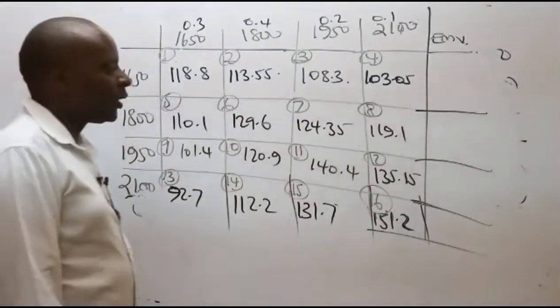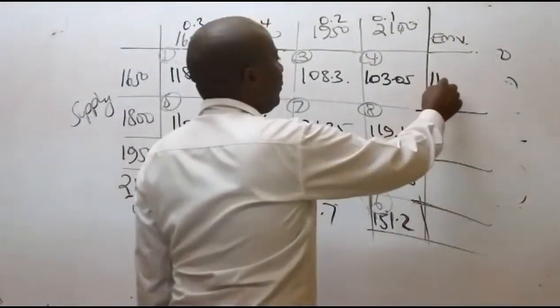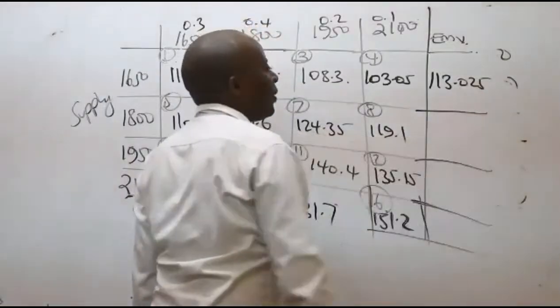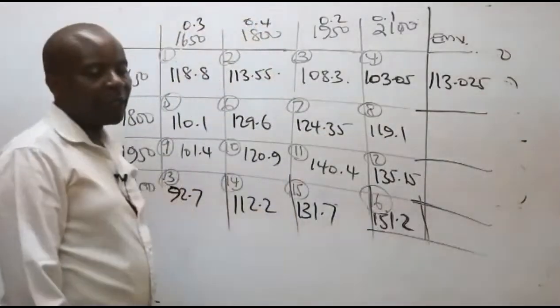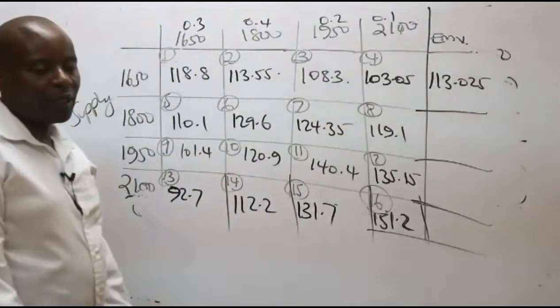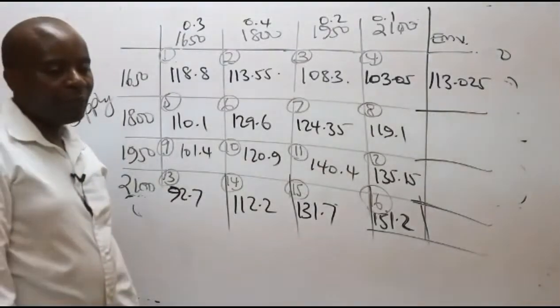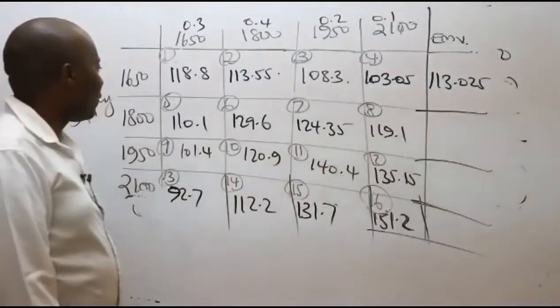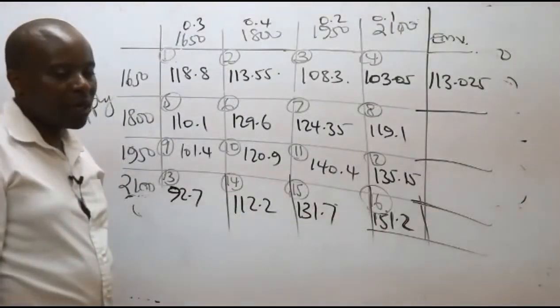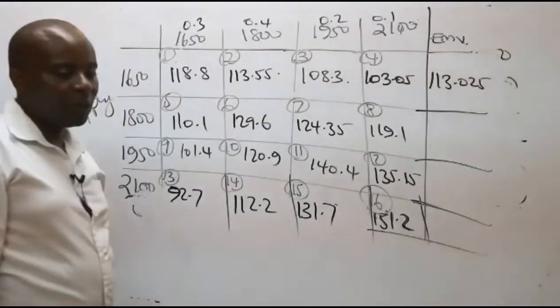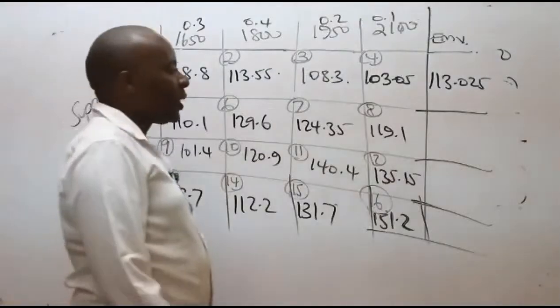So Alse says 113.025. The first expected monetary value is 113.025. From there, we have the second one. How about the second one? 121.65.